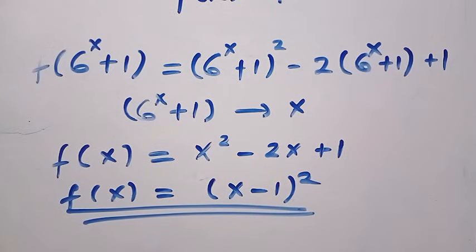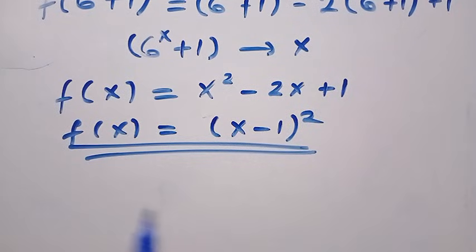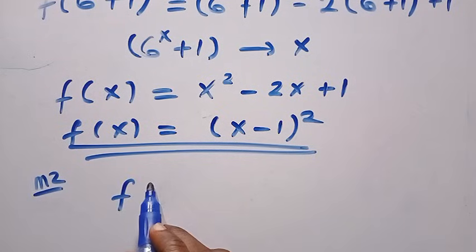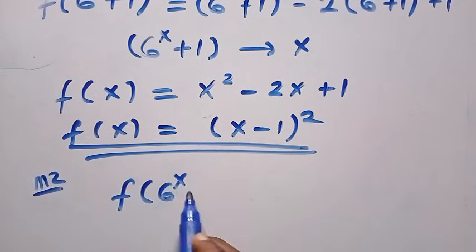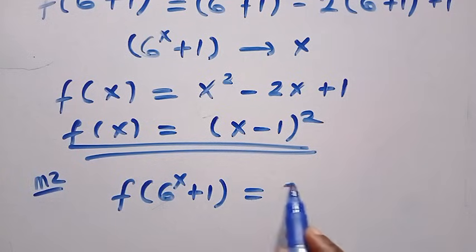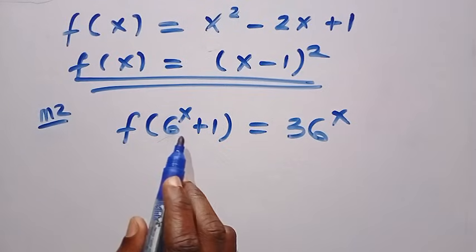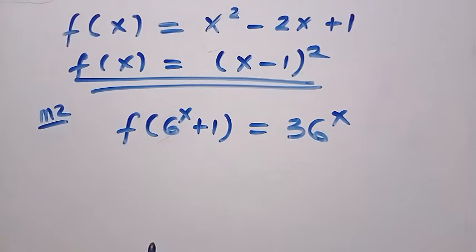And the second method is kind of long. So let's try and apply the second method. The question still remains f of 6 power x plus 1 equals 36 power of x. Suppose I let 6 power x plus 1 be equal to t from the beginning.